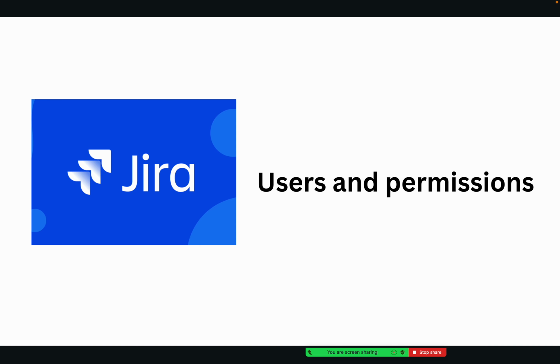Some can create projects, some can delete projects, some can view only, some can edit only, some can make a transition like To Do to In Progress. Some are not allowed to do the transition. Some can only view. Those types of permissions are required based on who is using the tool and their need.